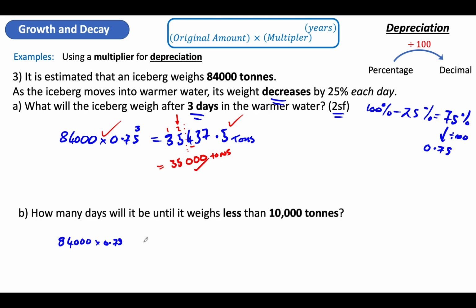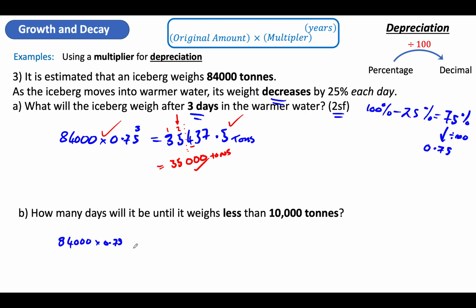After 1 day there's 63,000 left. Now I'm going to times that by 0.75 again and I've got 47,250, and I'm going to times it again.